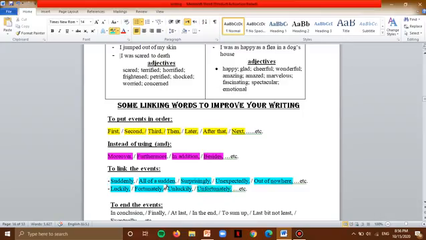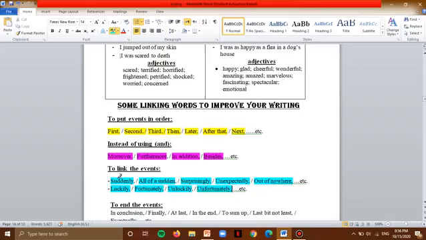Fine, so these are all words that I can use to, first of all, put my events in order. First, this happened, and then second, this happened, and then later, after that, next, this happened. Okay, and we said instead of using and, I can say moreover, we can say furthermore, in addition, besides.